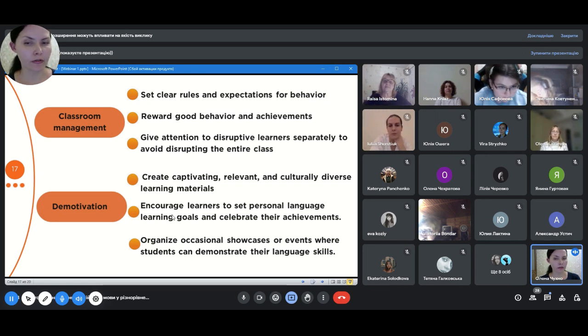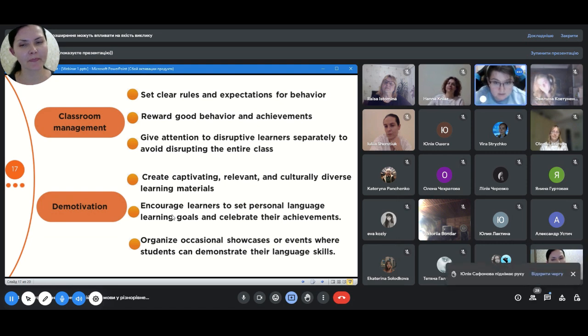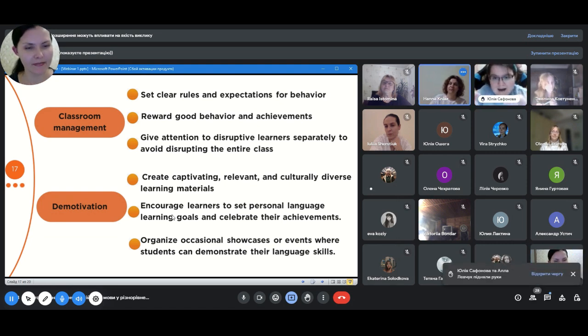So what do you think of organizing occasional showcases or events where students can show off, where they can demonstrate their language skills? Do you think it will enhance their motivation or not? Yeah.